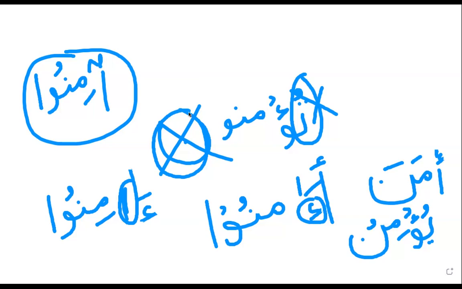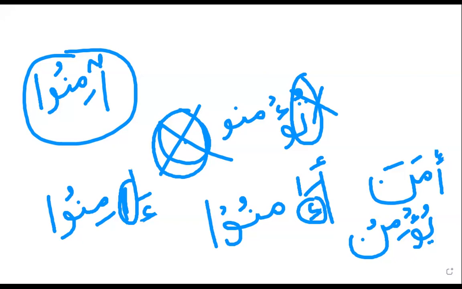Like Tansurina does not end with dhamma. It ends with noon fatha. So I have to just drop that noon. And tu'minuna does not end with dhamma letter. It ends with noonul irad or noonul raf. So I have to just remove it when I have to make it majzoom. Did I refresh your memory a bit? Okay. Alhamdulillah, everyone with me?